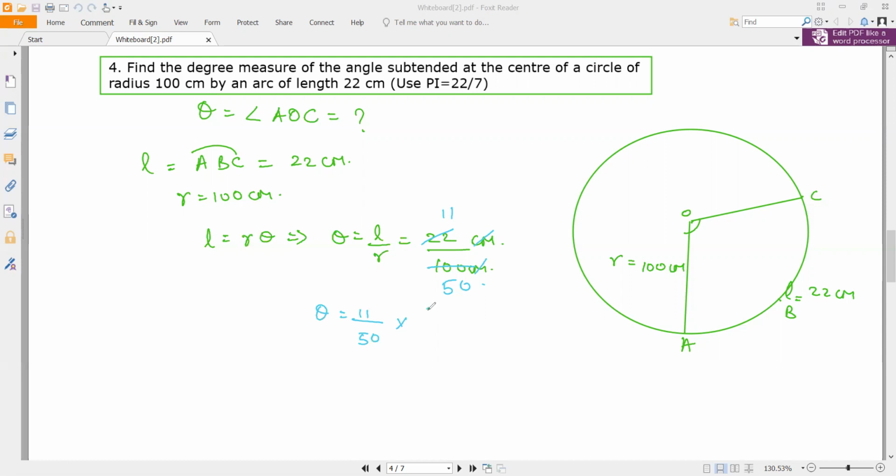So 180 upon pi is to be multiplied by it. The zeros get cancelled.